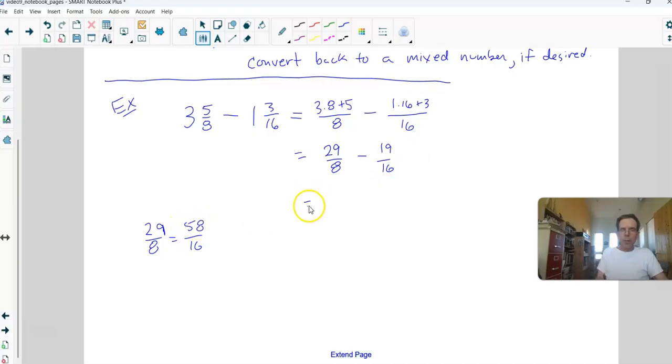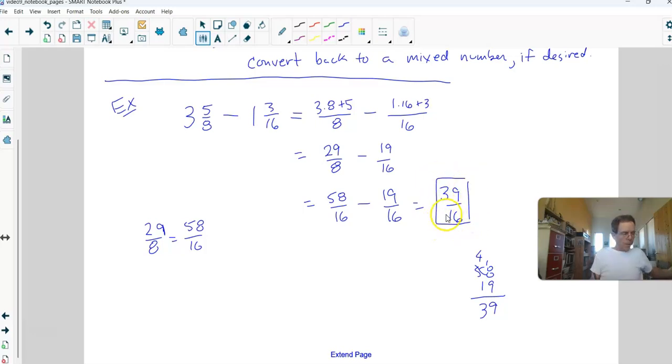So this becomes 58 sixteenths minus 19 sixteenths. So what's 58 minus 19? We have to borrow. We get 9, we get 3. 39 sixteenths is our answer. All right.